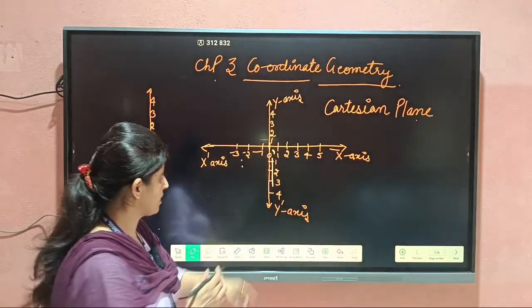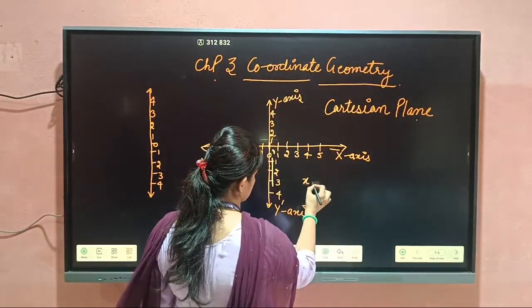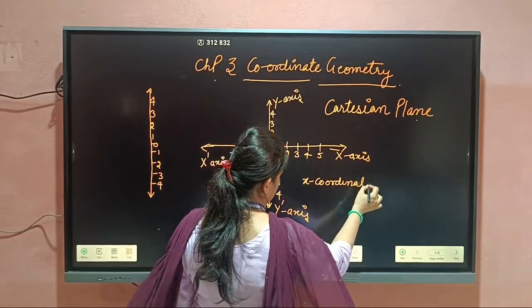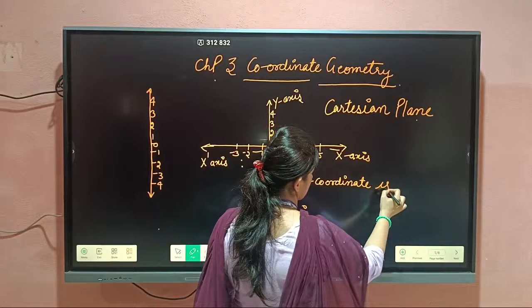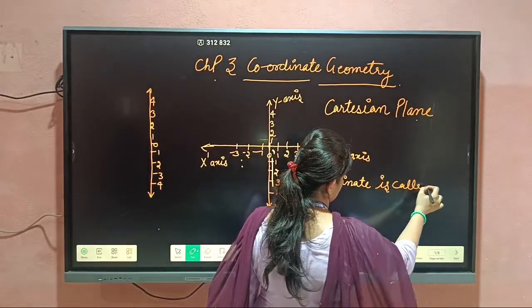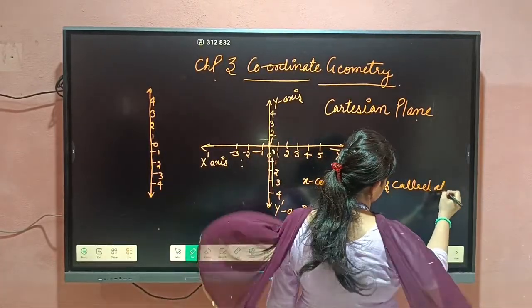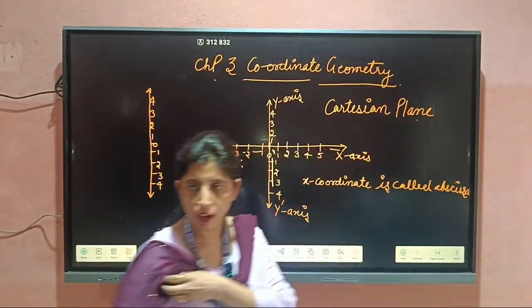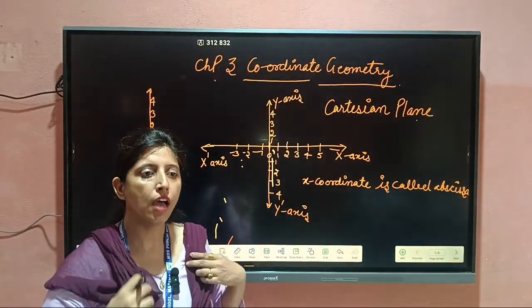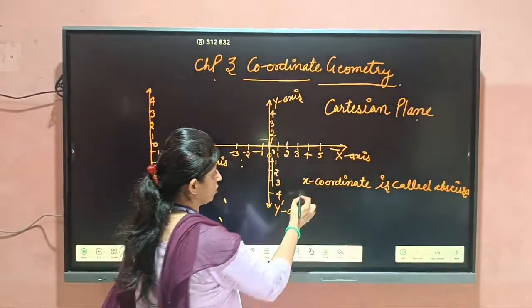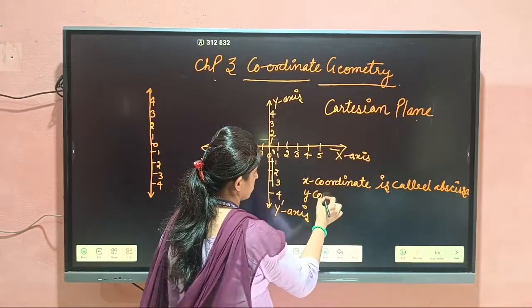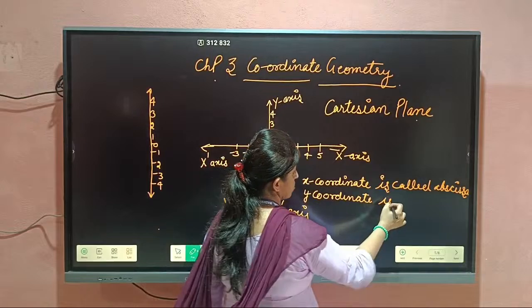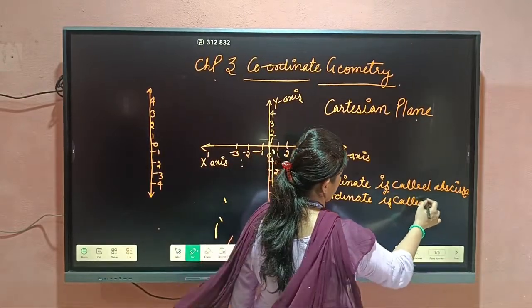ठीक है? X coordinate is called abscissa, and y coordinate is called ordinate.